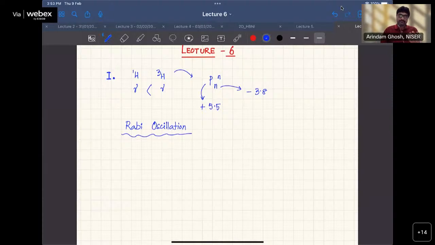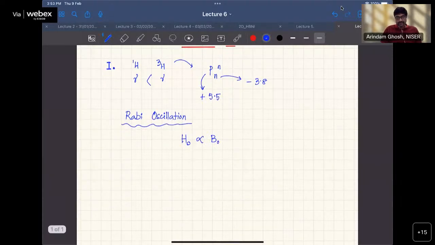He discovered that if I have the normal Hamiltonian, which we call H naught, proportional to this B naught, the main Hamiltonian, I'm not going much into the detail. Then the RF pulse, which we often call H1, is a small perturbation to this big Hamiltonian.